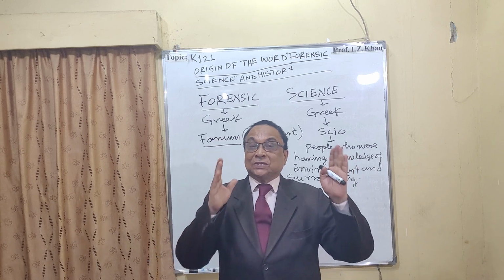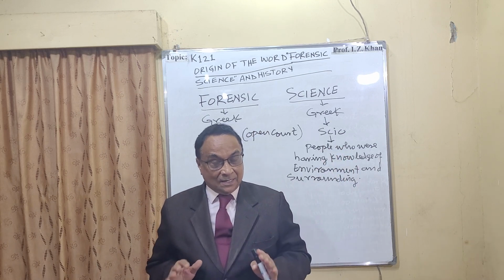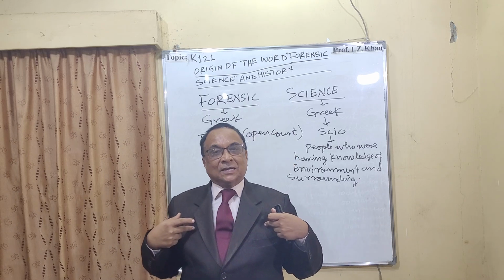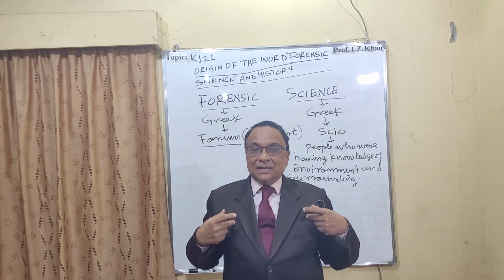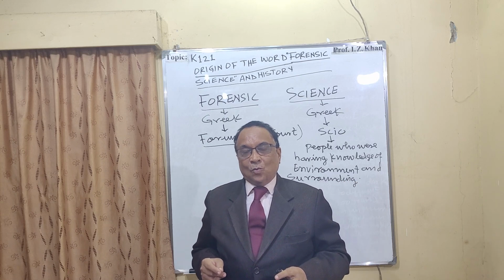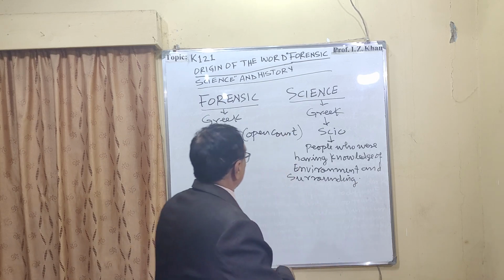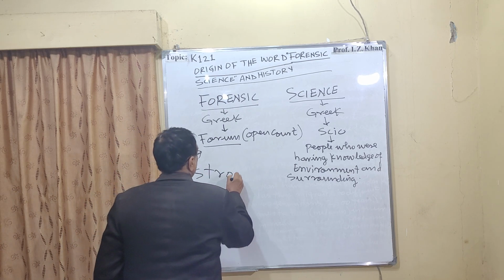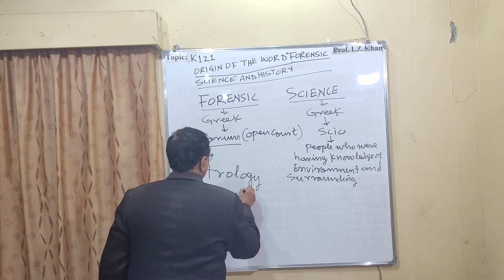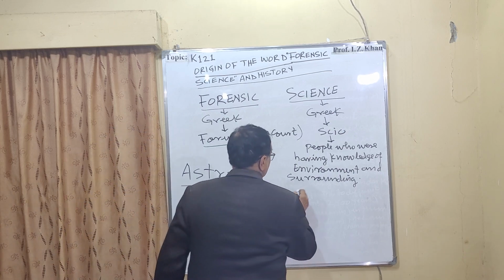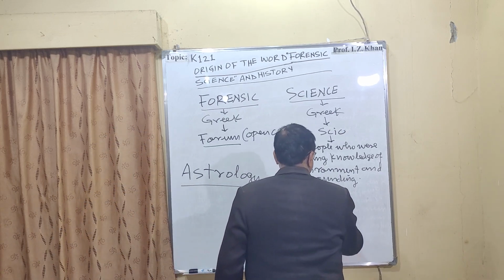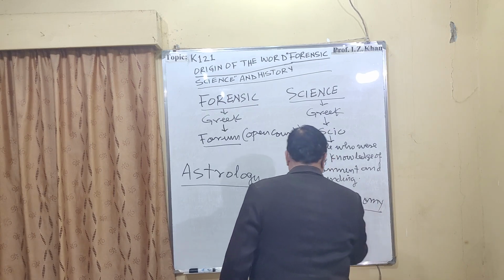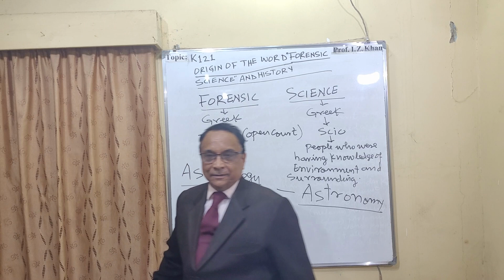That's why I always say I am deadly against, I am sorry to mention, because this is my experience on the basis of experiment and scientific data. There are two branches. One is called astrology. The other one is called astronomy.